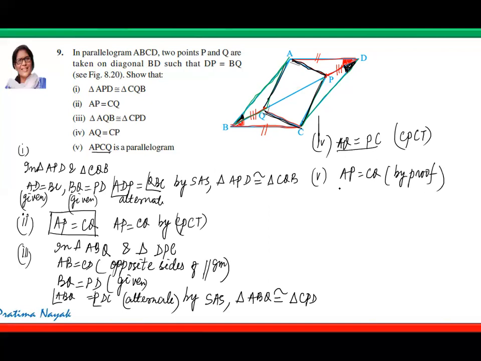Then we got AQ is equal to PC by proof. Opposite sides are equal. Pair of opposite sides equal. So APCQ is a parallelogram. What is the logic? Pair of opposite sides are equal.